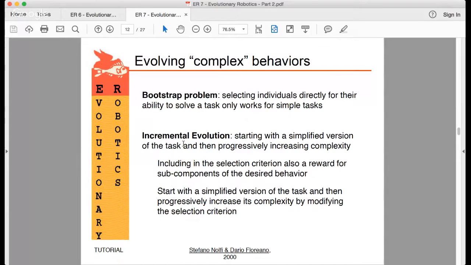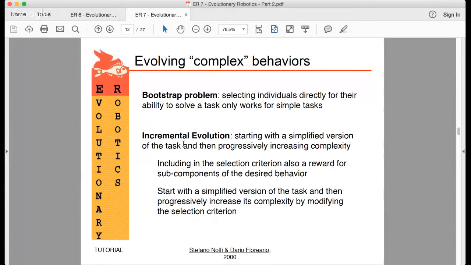Evolving complex behaviors. So we have a bootstrap problem, which is that selecting individuals directly for their ability to solve a task only works for simple tasks, of course. And again, we should not forget using fitness functions.